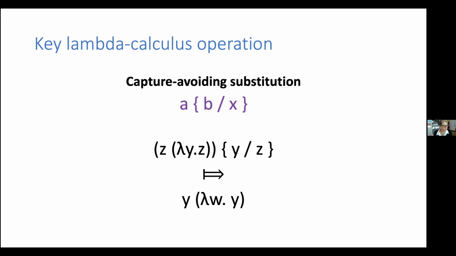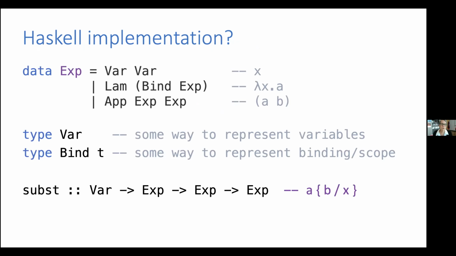This is a simple but really devilishly intricate idea, especially once you start to think about how to implement it. If I want to implement the lambda calculus, how can I make sure that I do this correctly and efficiently? When I'm talking about an implementation, I'm taking a data type that looks like this, with a case for variables, for lambdas and for application.